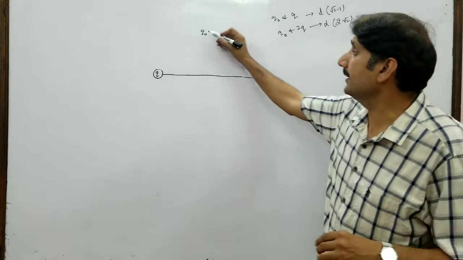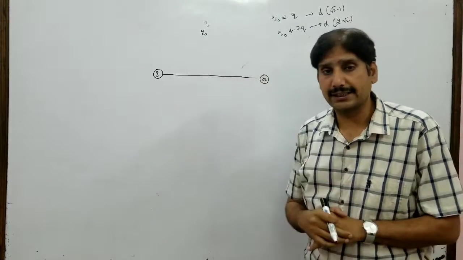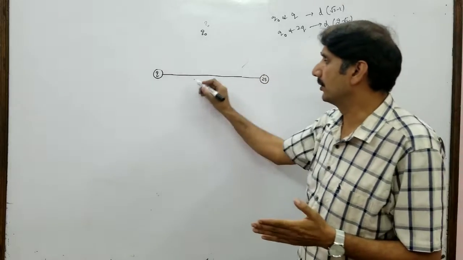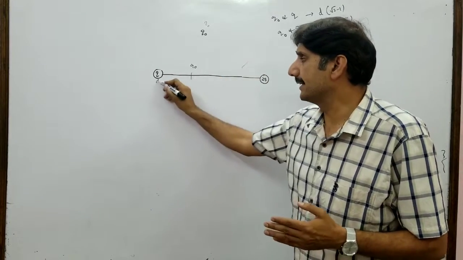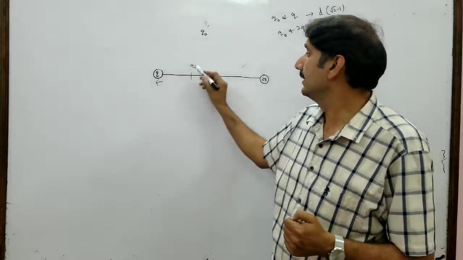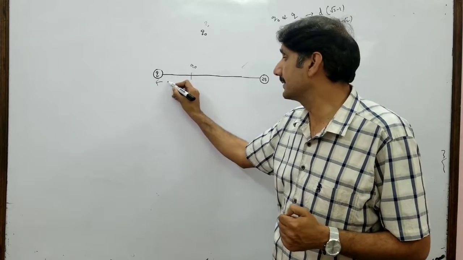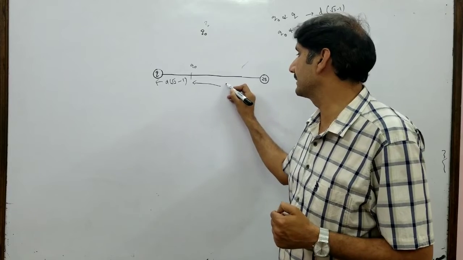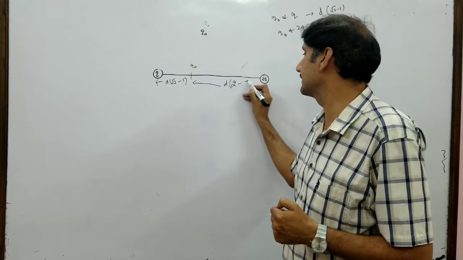Find Q0 if all the charges are in equilibrium. Q0 is placed somewhere over here. Its distance from Q is d times root 2 minus 1, and from 2Q it is d times 2 minus root 2.